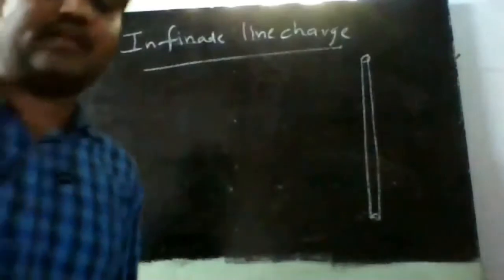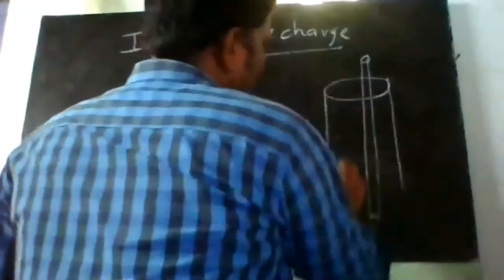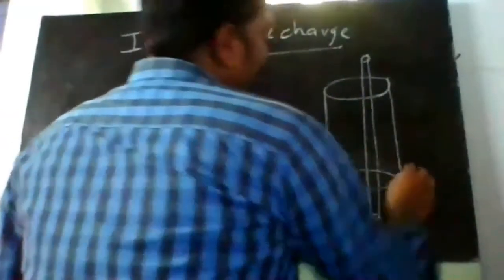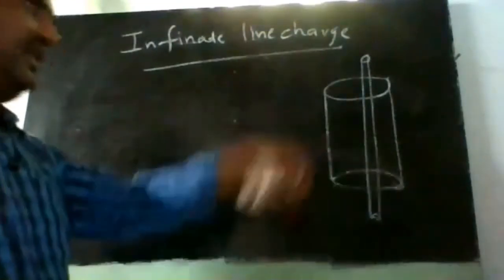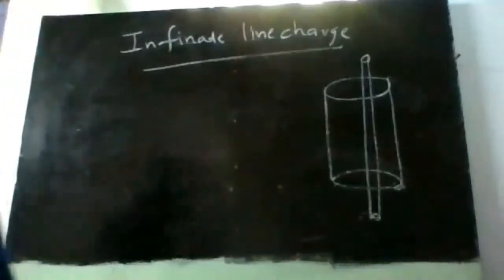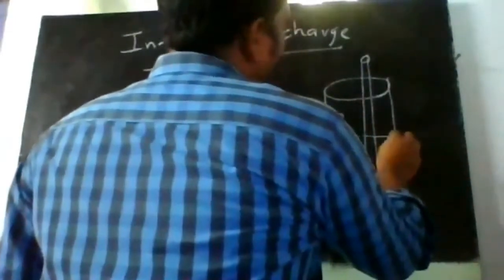So the symmetry that matches with this is obviously going to be a cylinder. So I'll consider a closed cylinder as my Gaussian surface, like this. Let us assume that the radius of this cylinder is r.